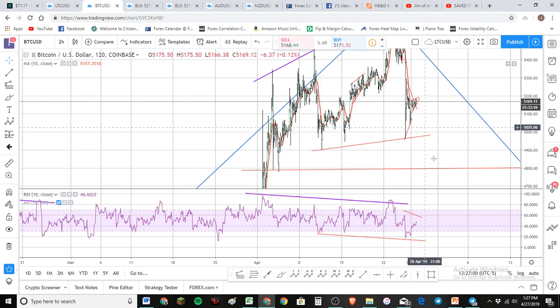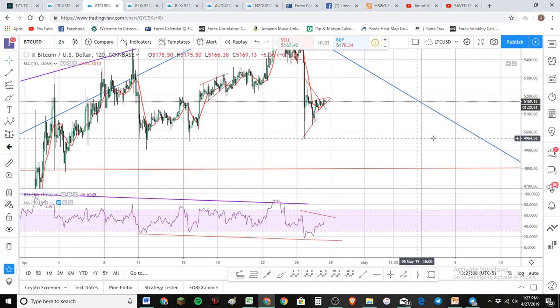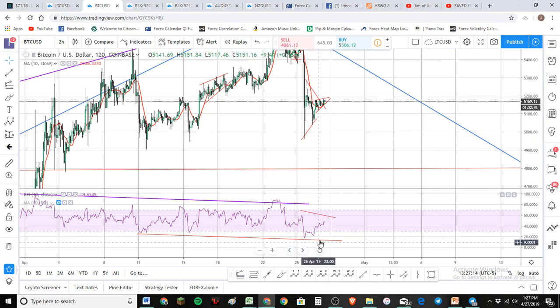If we get a down move that comes down to this line, that hidden bullish divergence goes away. So you've got to be careful that hidden bullish divergence isn't always the best signal. When that hidden bullish divergence comes with a standard bullish divergence on the lower time frames, that is when the signal is fantastic.